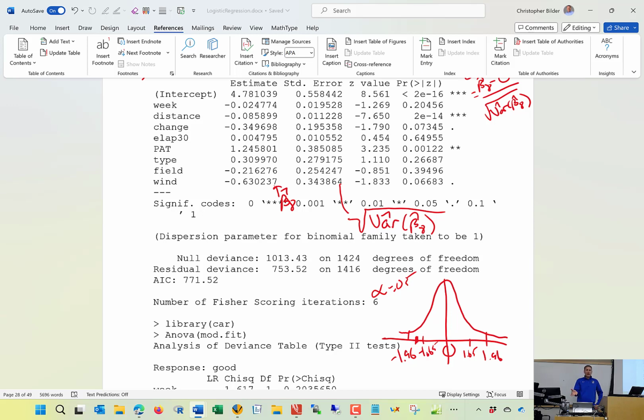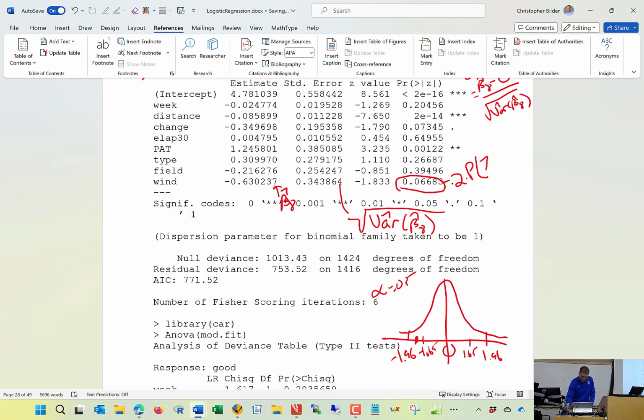And that suggests that there's marginal evidence then that wind is important. So if we look at all these, we could also do a p-value. Remember what a p-value is? It's just a measurement of how extreme you are, expressed as a probability relative to the probability distribution. So this p-value is calculated much like any other two-tailed test p-value that you've seen in the past.